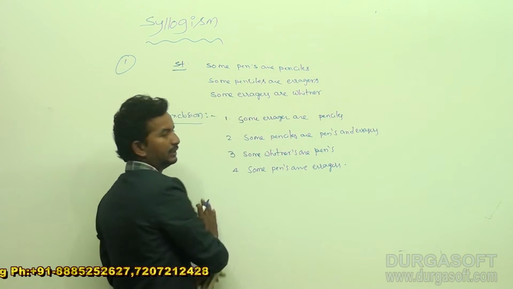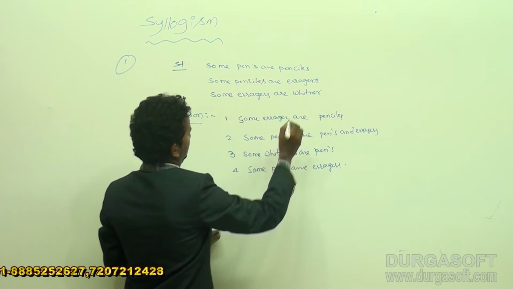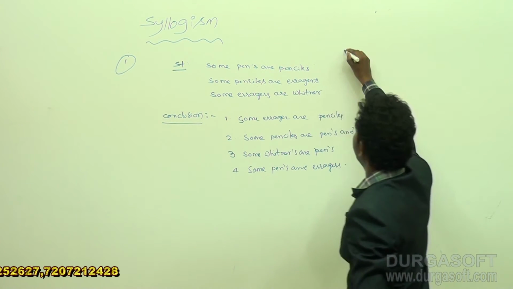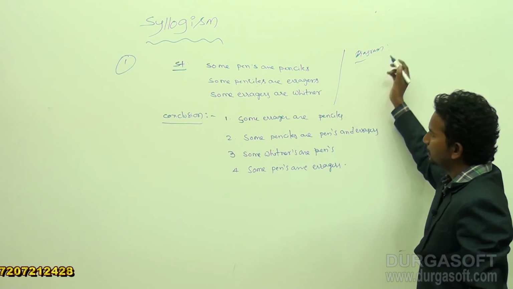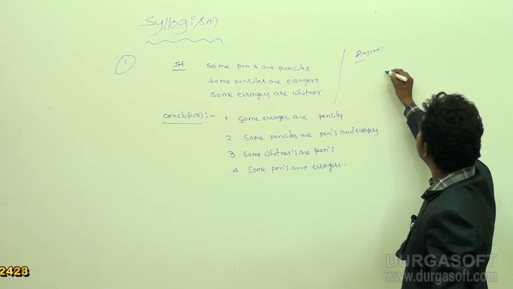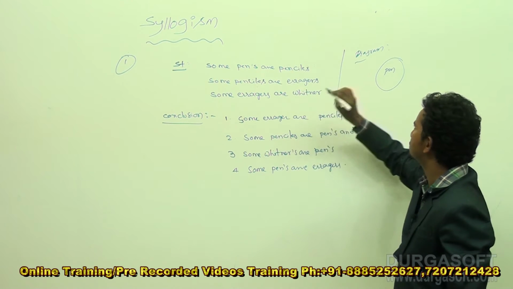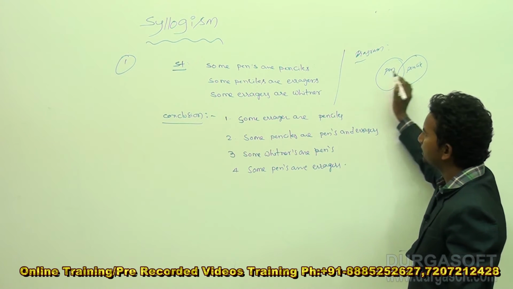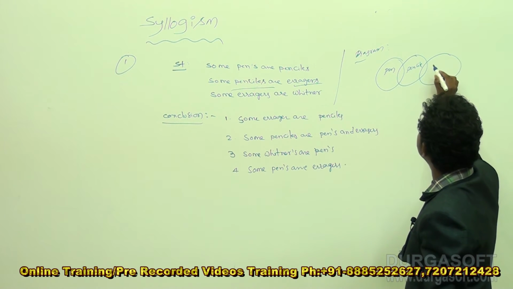Now here I am taking the diagram: some pens are pencils. Here is pen, here I am taking pencil. Again, some pencils are erasers. Now only the pencil part is there, and eraser.